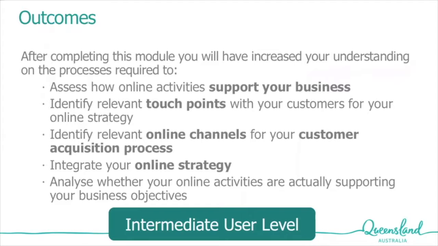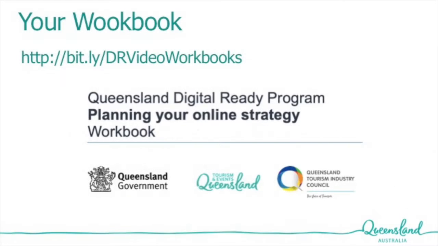This tutorial is definitely aimed at people with an intermediate user level in terms of their experience and confidence with online marketing. So we hope that it is going to help you move to the next step and take a more planned approach.